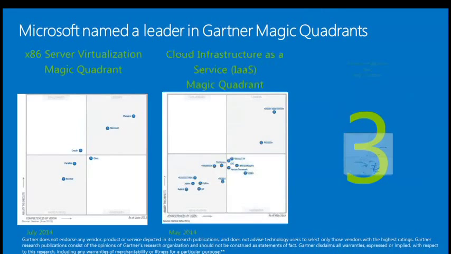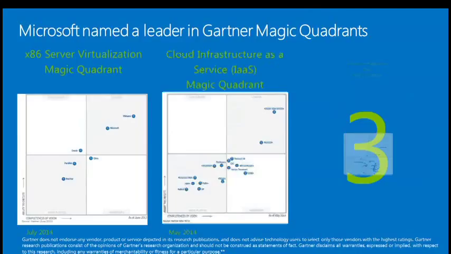So I don't know whether any of you keep a track on Gartner, but if you have been, you'll have noticed that Microsoft is currently a leader in, in fact, 4 now of Gartner's Magic Quadrants. So if we look at the server virtualization Magic Quadrant, we're just behind VMware.